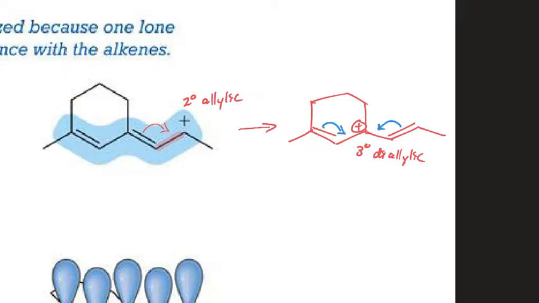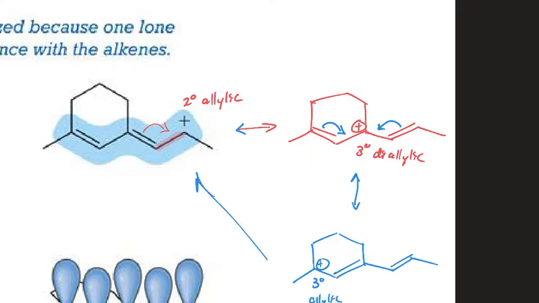If we look at the one on the left, we now have tertiary and allylic, which is just as good as the first one. So these are all valid, reasonable resonance structures for that molecule. So the carbocation is resonance stabilized.